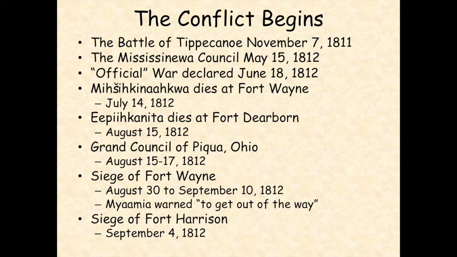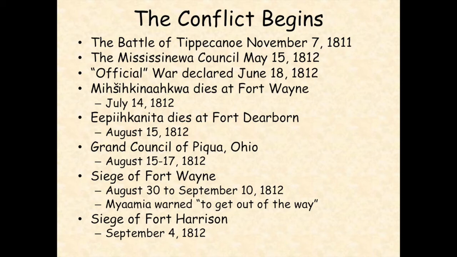And in the immediate aftermath, while the frontier is actually collapsing, the Americans call for a peace council at Piqua in August. And Myaamia people originally planned on attending this peace council to demonstrate our continued desire for peace with the United States.